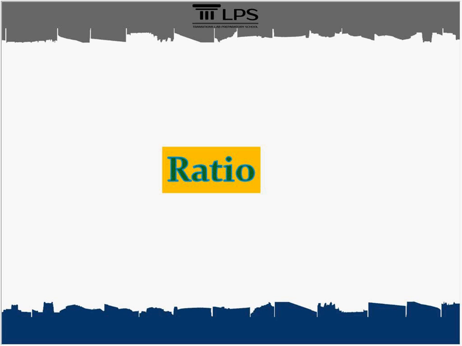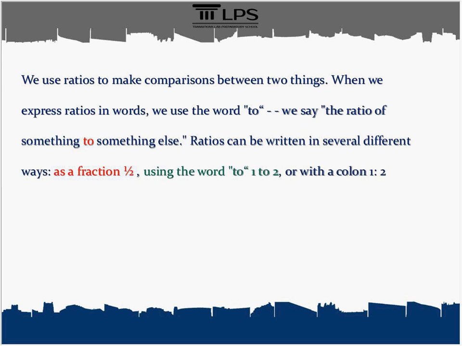With this concept of ratio, a simple concept where most students would have been introduced to the idea, let us just revise the concept first. As we have revised, let us look at some of the problems that you can expect on your examination. See what a ratio is. We use ratios to make comparisons between two things.